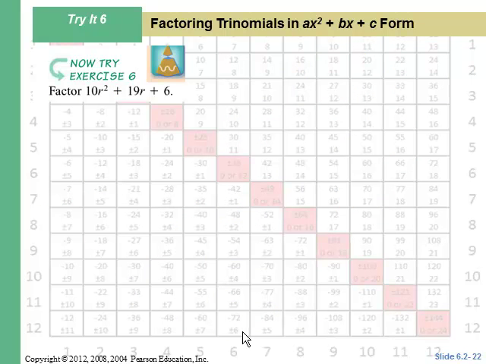Okay, you do this one. 60 and 19, here's 60 and 17, 60 and 16. 60 and 19 isn't on here because it's 15 and 4.